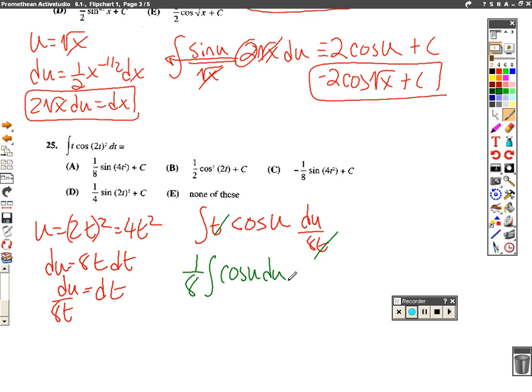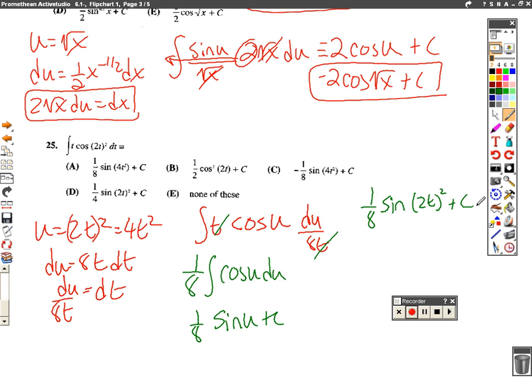The cosine of u integrates to be the sine of u. So 1/8 times the sine of u plus c, and the sine of u would be sine of 4t squared. Or I'll rewrite it how they had it before, 2t squared, plus c.